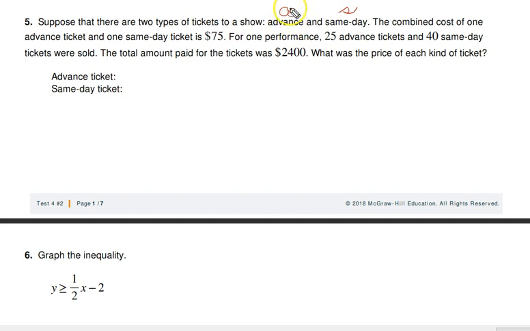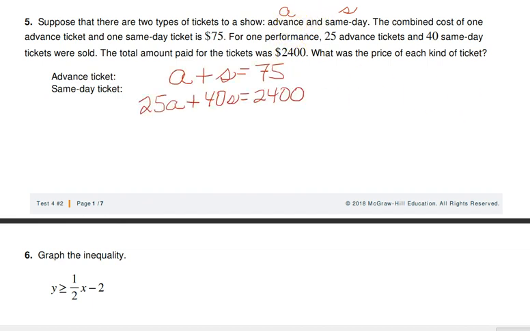So we know then that this is the price of the advance ticket. This is the price of the same day ticket. And the cost of these together is going to be $75. That'll be my hint. And let's see what happens. So then we know that A plus S is 75. And we sold 25 advance tickets and 40 same-day tickets, and the total amount of money taken in was $2,400.